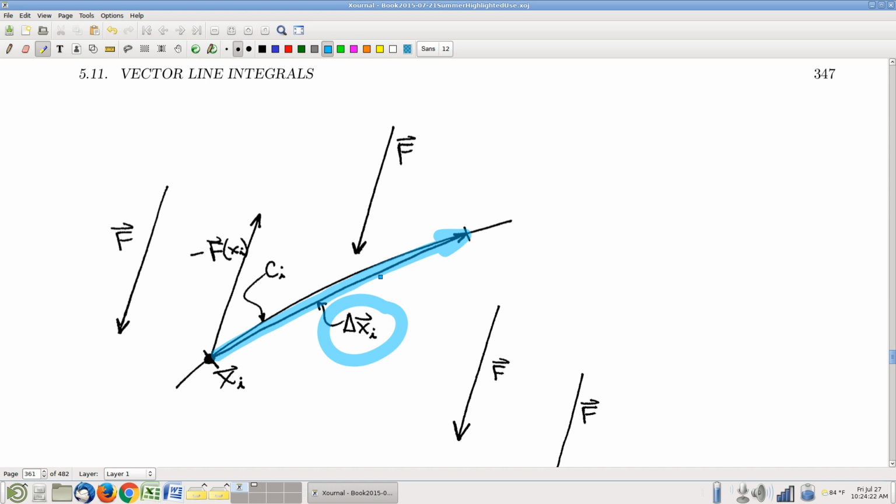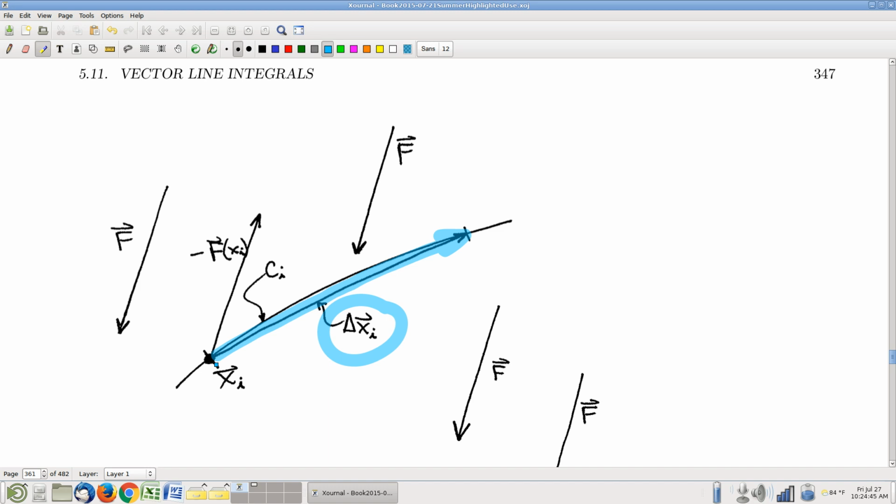What do you think about that? Everybody happy with that? This being x_{i+1} minus x_i, I guess that's the way I have it written here. Okay, so it's just a displacement vector, a straight line vector, and the curve hugs that vector close enough. So we're displacing by way of this vector.